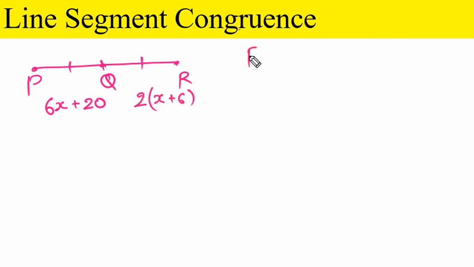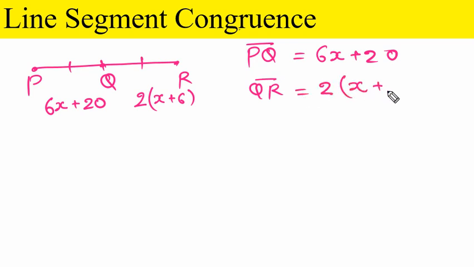So this information is given: segment PQ is 6x plus 20 and segment QR is 2 times x plus 6. Now if we want to find x, how can we solve such a problem?